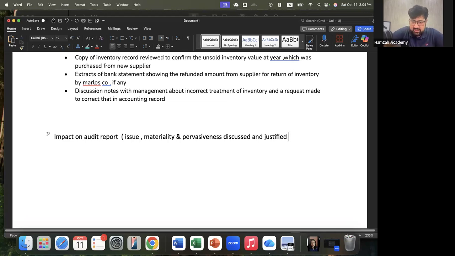And then third, what is the impact on the audit opinion? What type of opinion will be given? And what will be the impact on the basis for opinion paragraph and its content a bit.